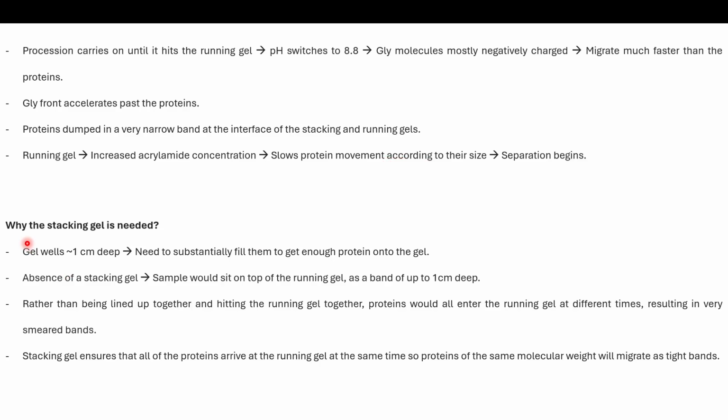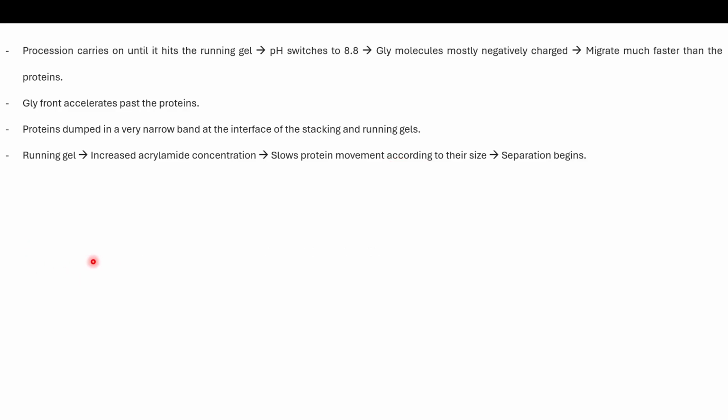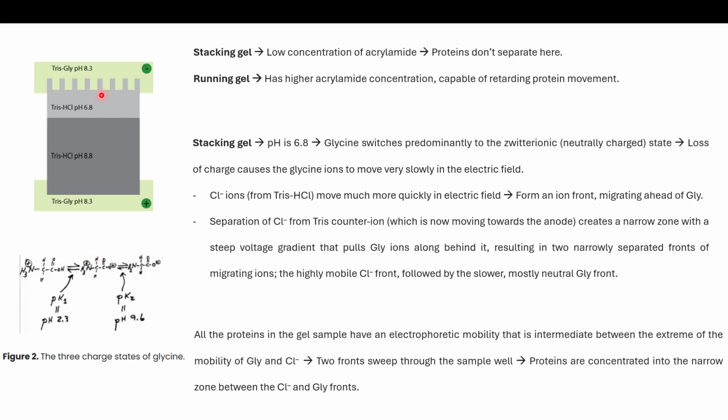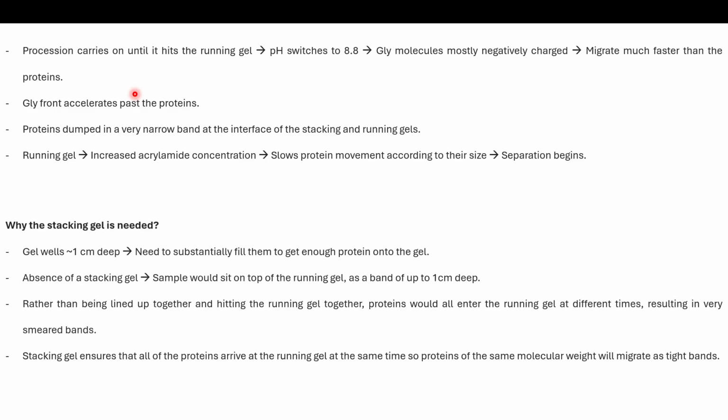So why is the stacking gel needed at all? The gel wells are nearly 1 centimeter deep. These ones, wherein you will eventually be loading your samples. So we need to substantially fill them to get enough protein for visualization. Now, in the absence of a stacking gel, the sample would sit on top of the running gel as a band of up to 1 centimeter deep.